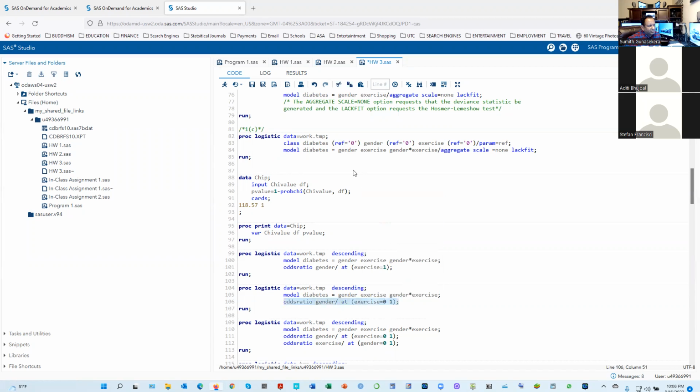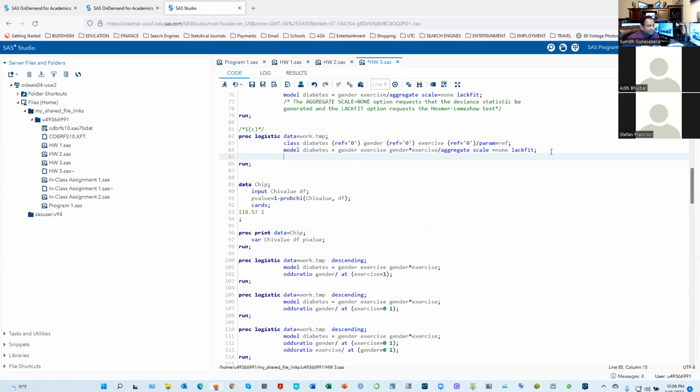You can ask them to show this one. See the odds ratio, gender, exercise. If you want to add that one, the gender between exercise 0 and 1.